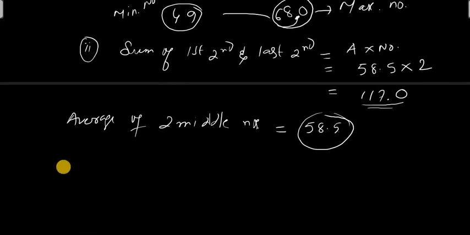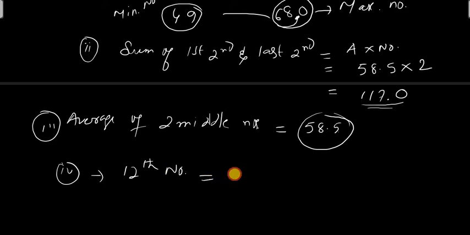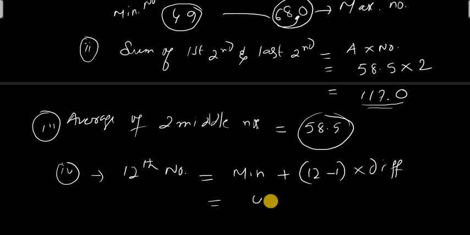Question number 4, the 12th number. So the formula: minimum plus 12 minus 1 into the difference of numbers. So minimum is 49, long. Difference 1 is for consecutive natural numbers.